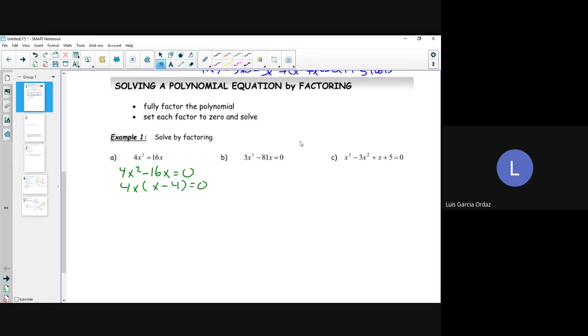So what are our roots for this equation? We get 4x is equal to 0, divide both sides by 4, we get x is equal to 0. Or if we set x minus 4 equal to 0, we move the 4 over, and x gives us 4.